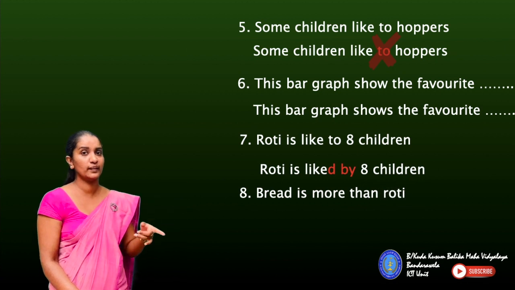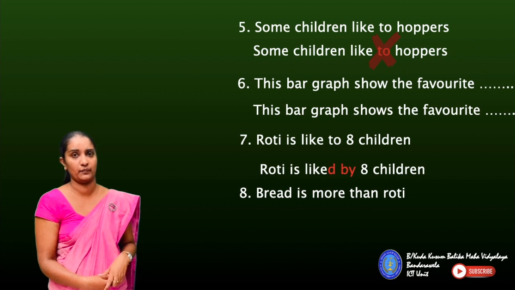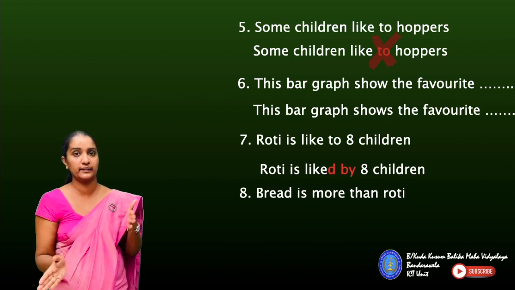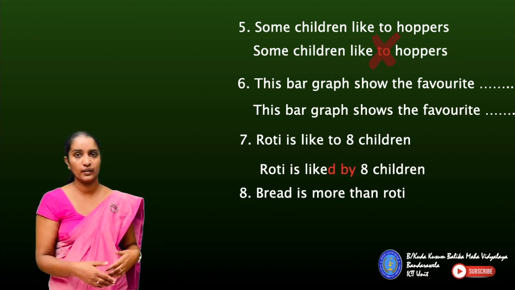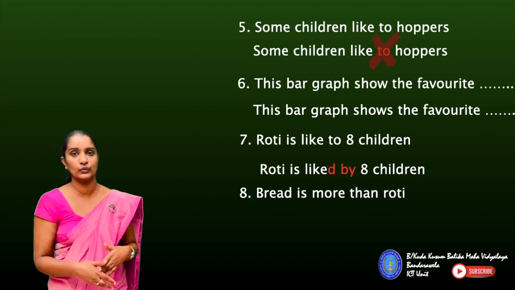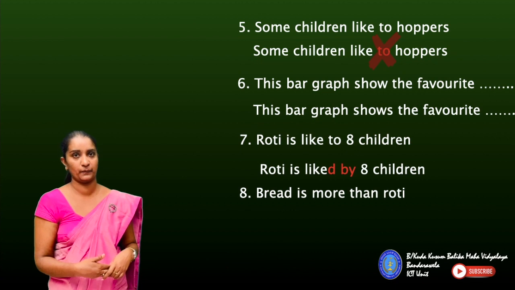Look at my 8th example. Bread is more than roti. That is also a very common mistake the children make at the exam. Is it bread and is it roti? Yes, it is about the choice of bread and roti. So you can't compare bread and roti. What you have to do is you have to compare the children who like bread and the children who like roti.